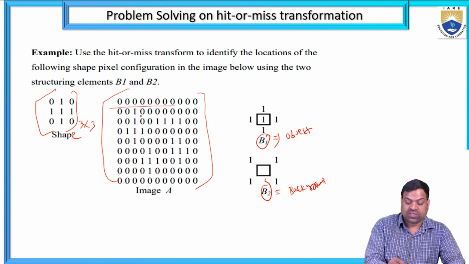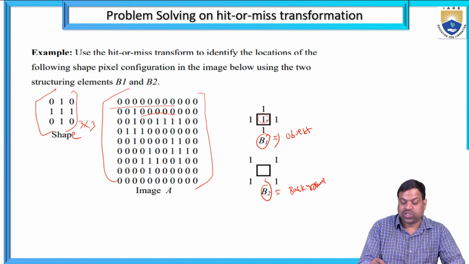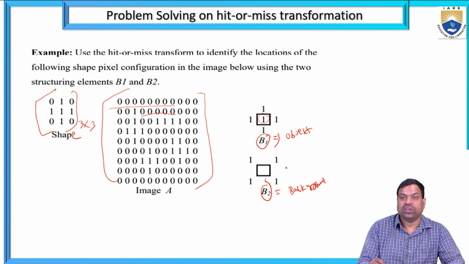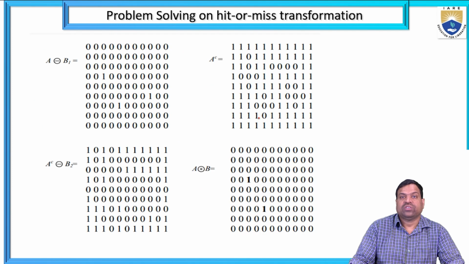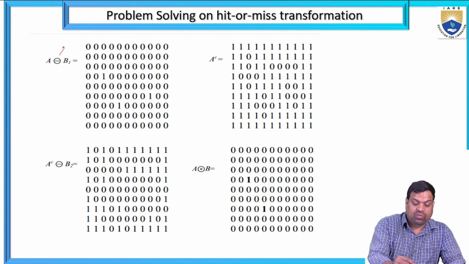For these cells, if I want to highlight the background, then I take 1. If you want to highlight the background, then the background cells are 1 and the object is empty. Here the object is empty, background is 1. If the object is what I want to highlight, then you take 1 for the object, and the remaining 1 like this.